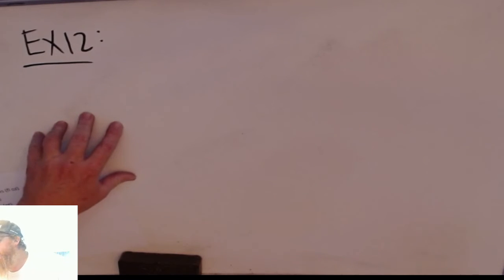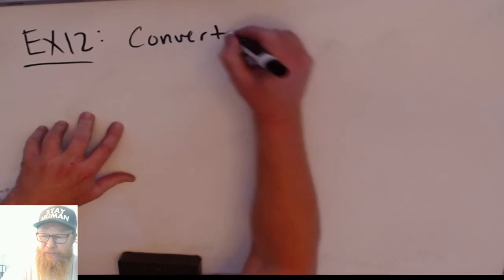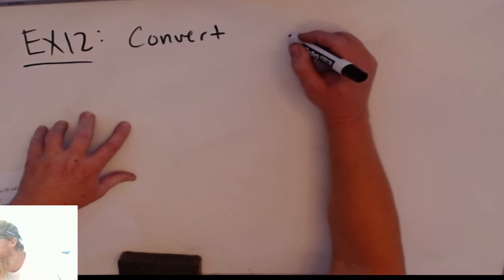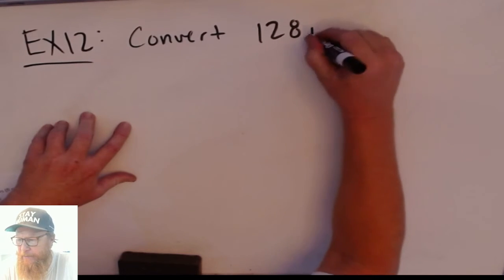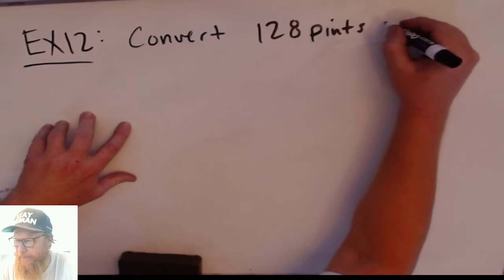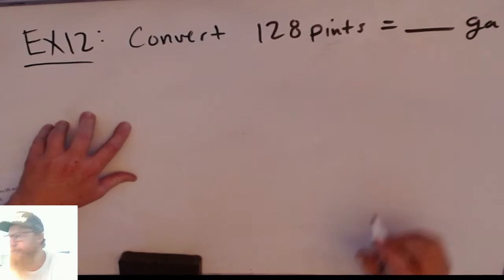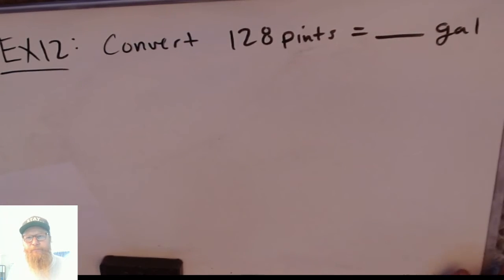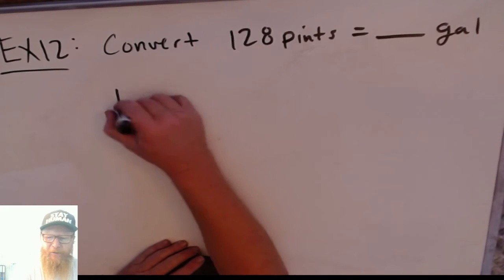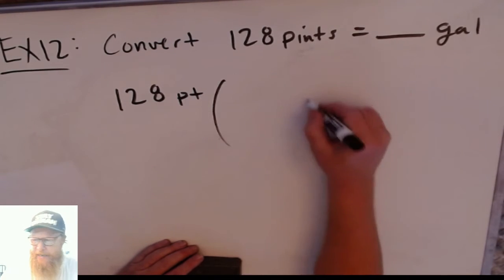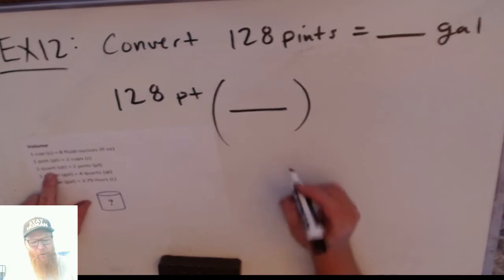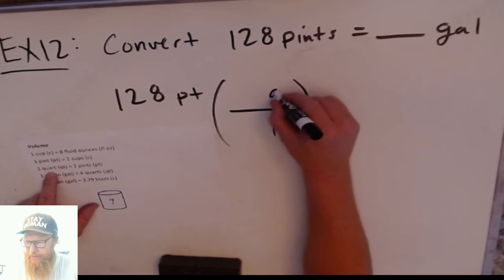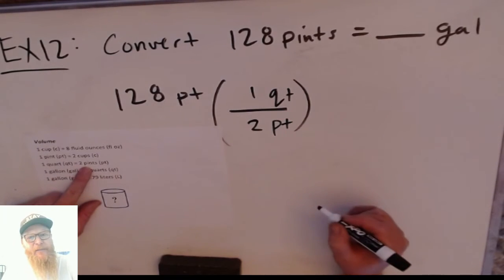How about this? Convert pints to gallons. That one's a lot easier. We probably should have done that one first. 128 PT. All right. I know that 1 quart is 2 pints.